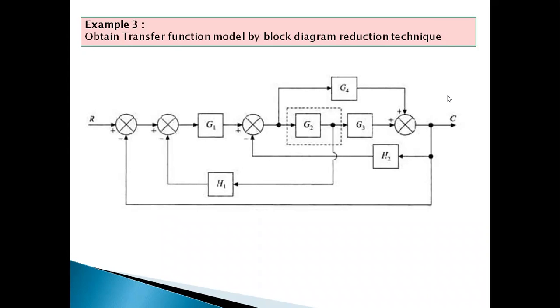Using Mason's gain formula, we can get the same transfer function. We can apply Mason's gain formula or signal flow graph for the same block diagram, and we'll get the same answer. The answer is the same, but the methodology is a little bit different. In a single step, you will get the answer.